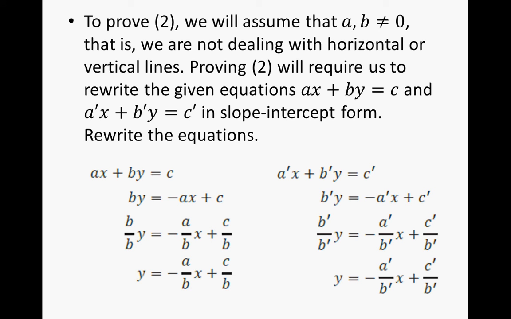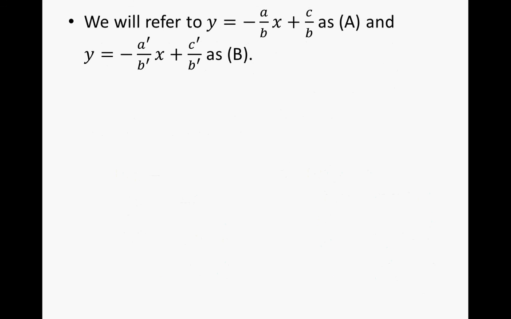So we subtract the a prime x from both sides and then divide by b prime to isolate the y. We're going to refer to our first slope-intercept equation as A and our second slope-intercept equation with the primes in it as B.